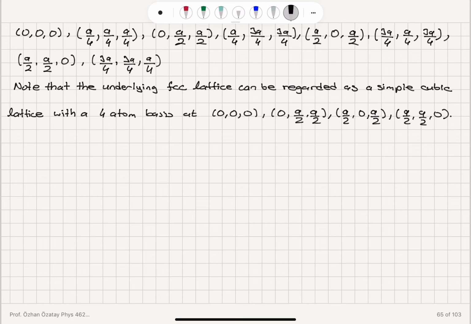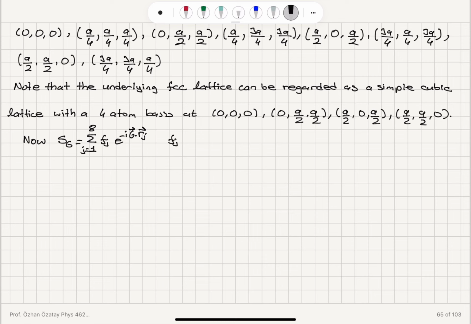Now, let's recall the structure factor. The structure factor for this 8-atom basis simple cubic lattice would be the sum over j, over the number of atoms in the basis, 1 to 8, of the atomic form factor of the jth atom, e to the minus i G dot Rj, where Rj is the position vector of the jth atom in the basis.